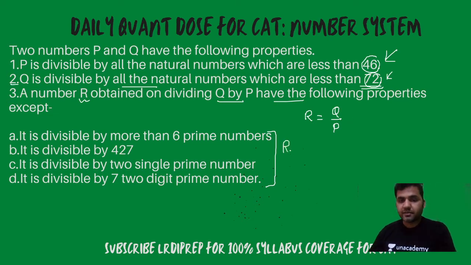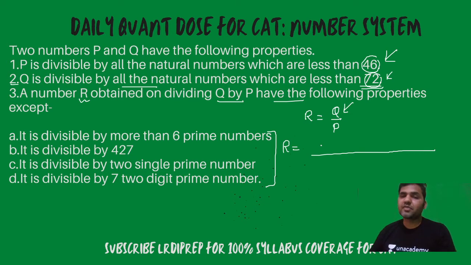So guys, if I'm saying that Q is a number which is divisible by all the numbers less than 72, then the least possible value of Q here will be containing all the prime numbers from 2 to 72.